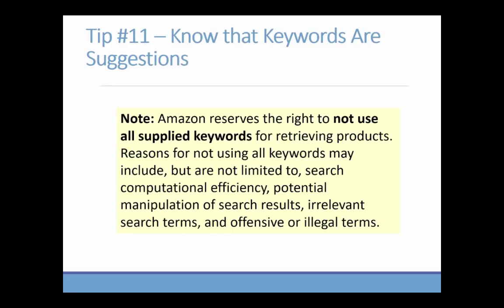So with only 250 bytes, 250 characters of search terms, generic keywords, you don't want to waste space on things that Amazon may say are irrelevant, illegal, or seem like an attempt at manipulation, and they ignore them. That's a waste of space, and you end up shooting yourself in the foot.